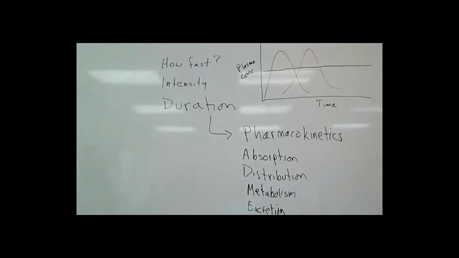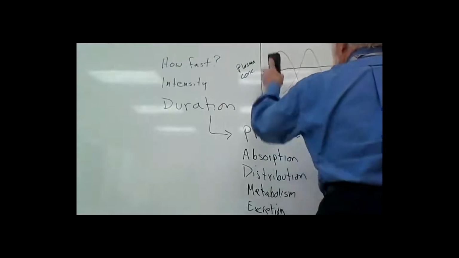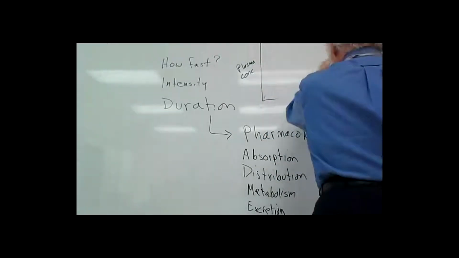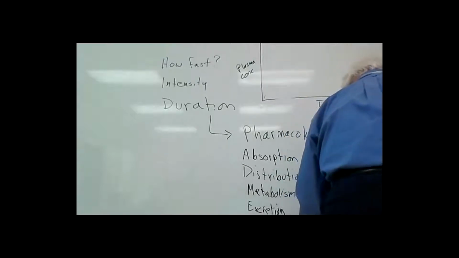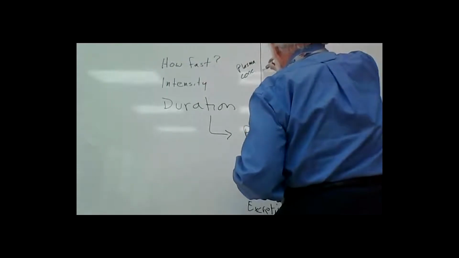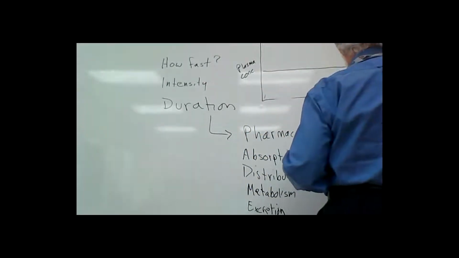We always have to be on the lookout for problems. And of course, any drug can be abused. So in the drug field, not only are we looking at concentration over time, but we're looking at a therapeutic level. Okay? So let's just say we have a therapeutic level.